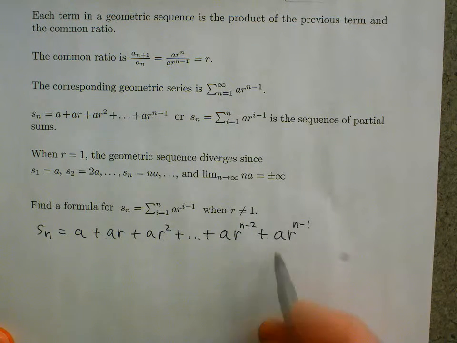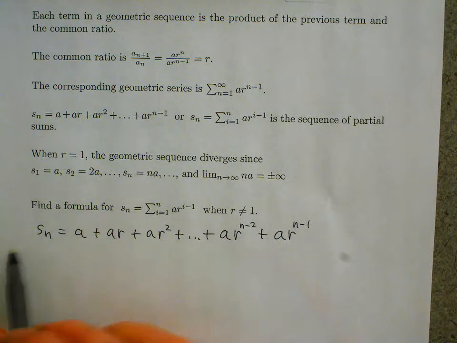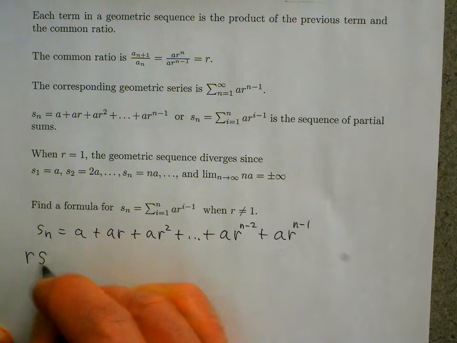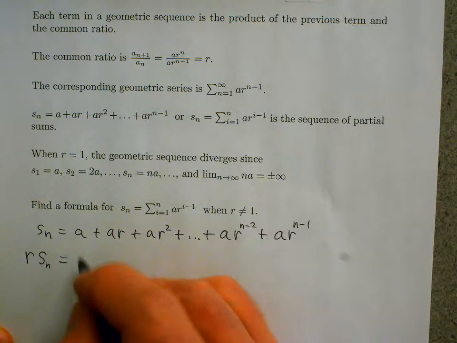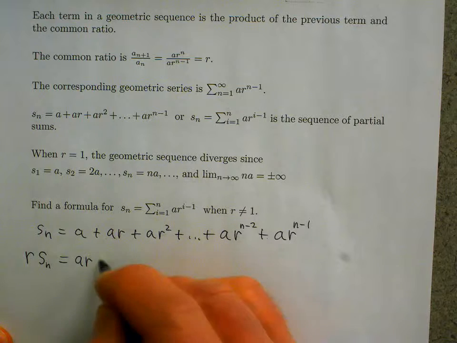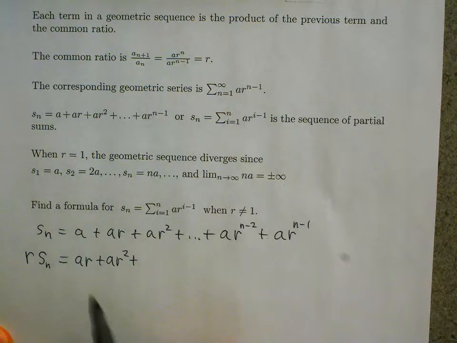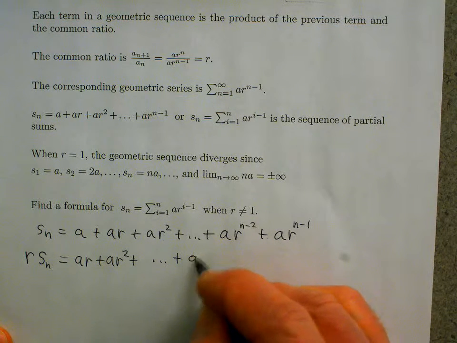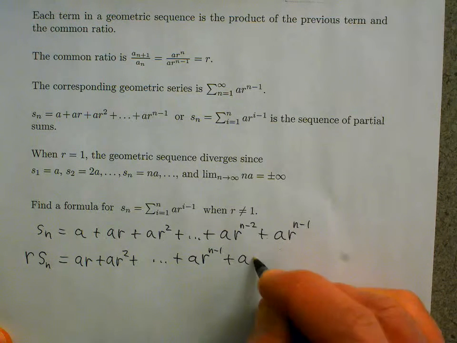Okay, what we're going to do is we're going to multiply both sides of this equation by the common ratio r. So r times S sub n on the left, and then on the right-hand side, multiply each of those terms by r, and we get a times r plus a times r to the second, and so on. At the other end, we get a times r to the n minus 1 plus a times r to the n.